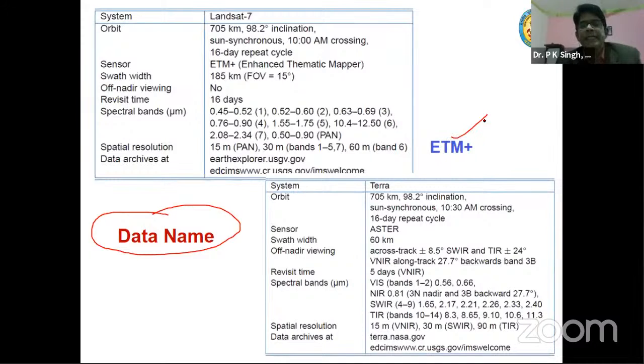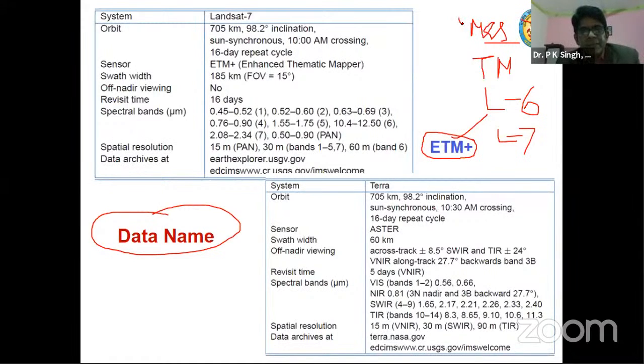See here, ETM data, we call ETM plus data. ETM plus is the sensor which was fixed on Landsat 7. Before that, it was Landsat 6, on which it was ETM. Before that, Thematic Mapper on Landsat 5. Before that, MSS data, Multispectral Scanner data, that was on Landsat 4 earlier. In that way, on the basis of the sensor, the data's name is given.